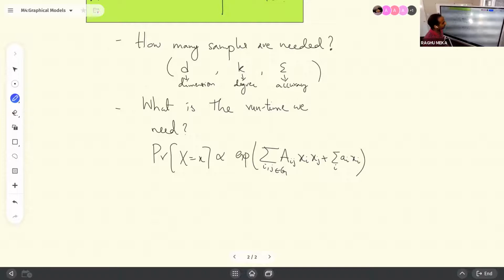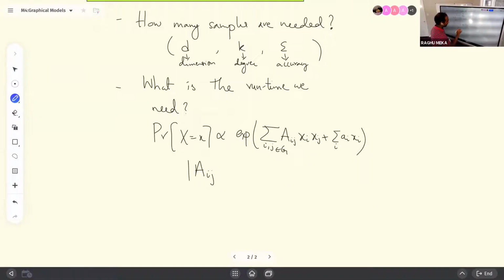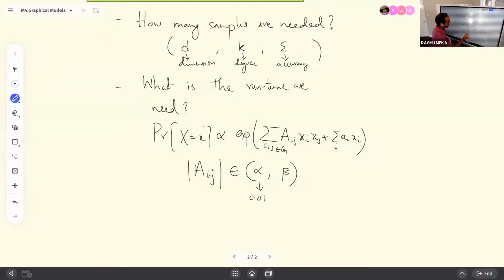And the contrapositive of that is that if the weight of one edge is much bigger than everything else, then you're going to need a lot of samples to see the gap between them. So we need some normalization on the weights. Let's say that each weight A_ij is in some interval [alpha, beta].